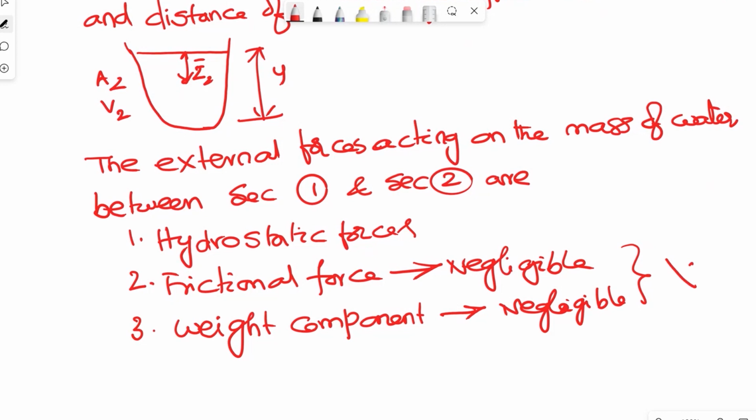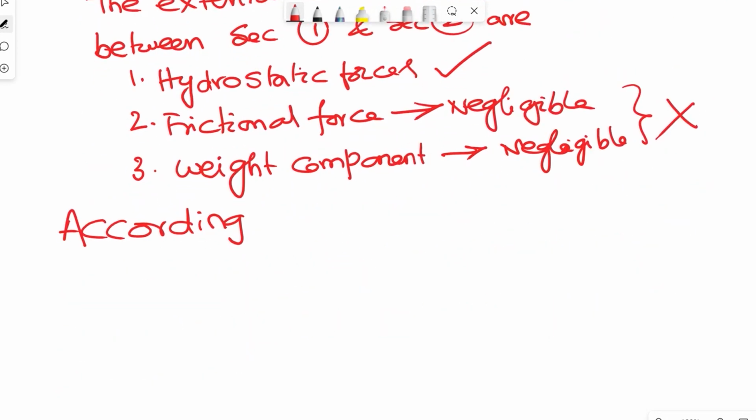So when these are all removed, the only force is hydrostatic force. Because the hydraulic jump equation is always obtained using the momentum equation.